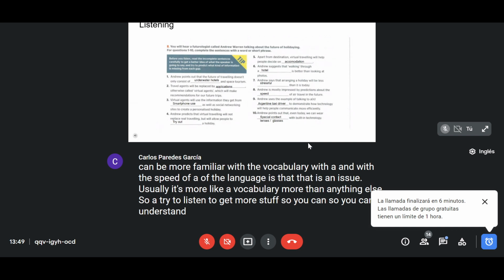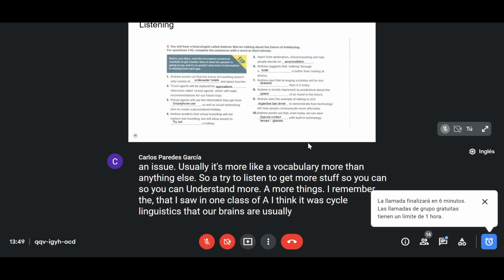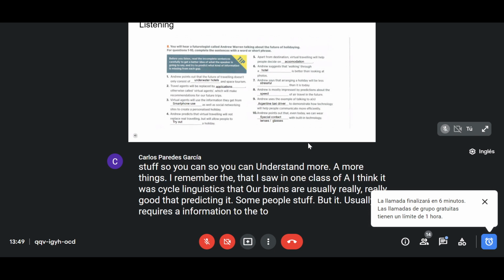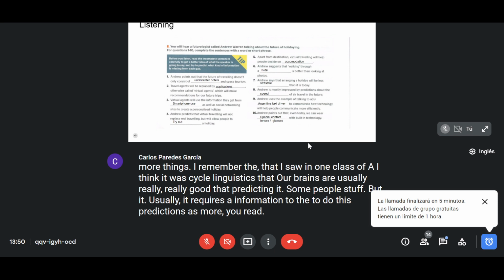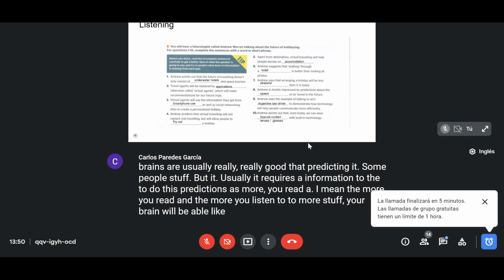I remember that I saw in one class, I think it was psycholinguistics, that our brains are usually really good at predicting some stuff, but usually it requires information to do these predictions. The more you read and the more you listen to, your brain will be able to make these predictions.